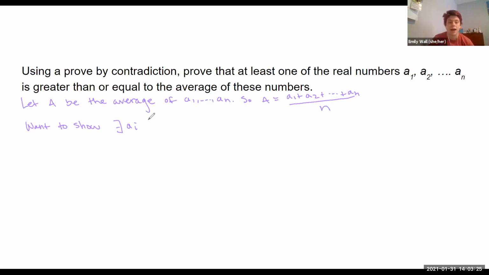So there exists an A sub i where this A sub i is greater than or equal to A. And I'm going to make a note that i is between 1 and n. So really this is how we go through every number in our list. You also could just write out the English version of this statement that's said in the question. I'm just writing the logic version because I don't like writing that much.